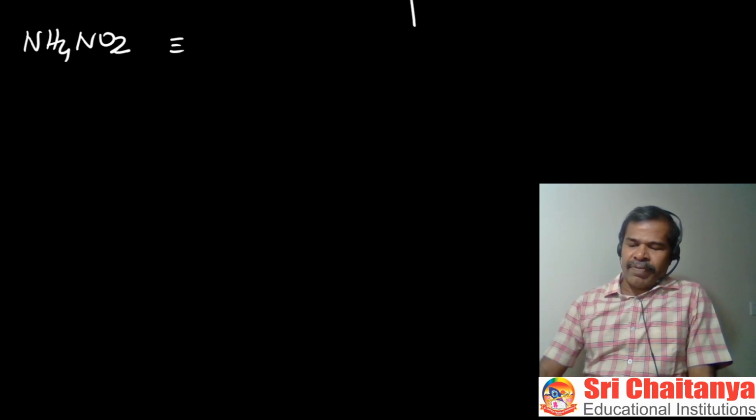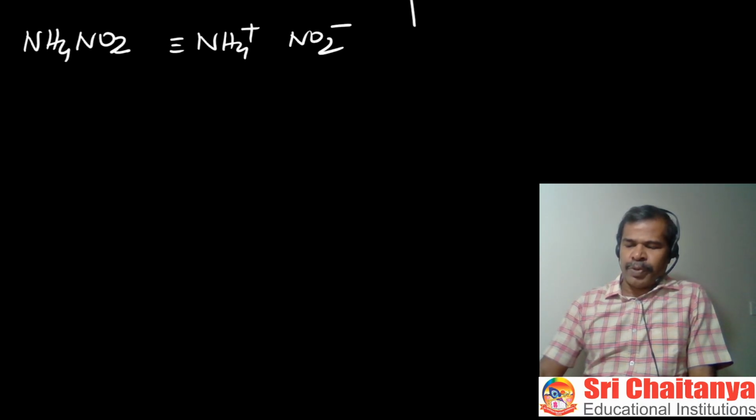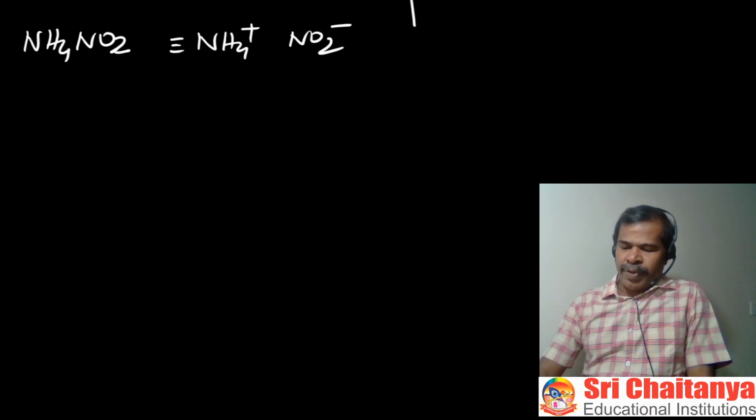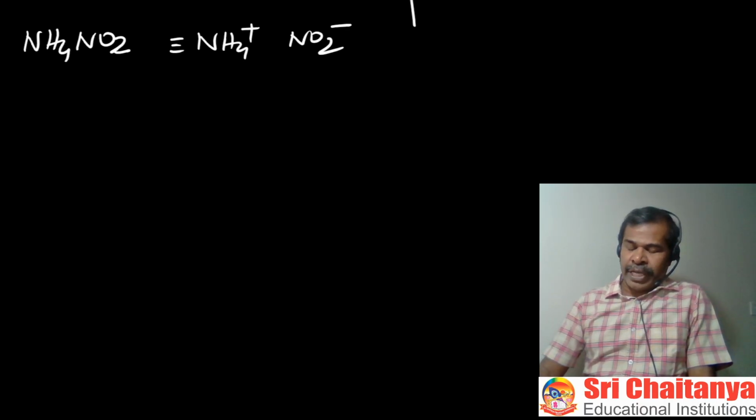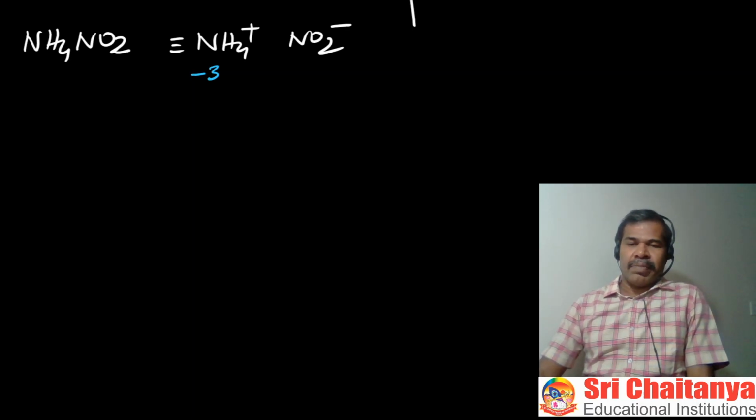This can again be visualized as NH4+ and NO2-. We already worked out for NH4+, so it is -3, and for NO2-, it is X minus 4 equal to -1, so N will be +3 in it.